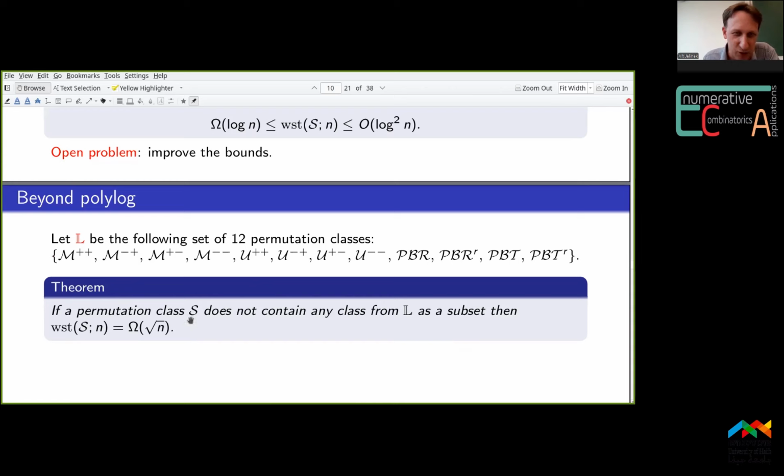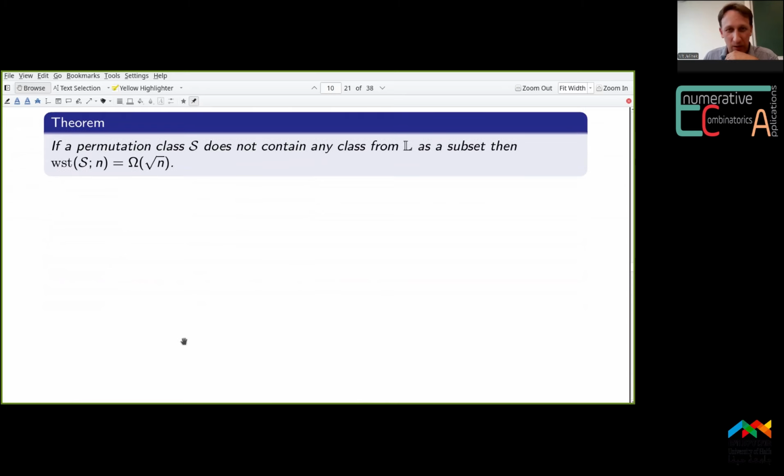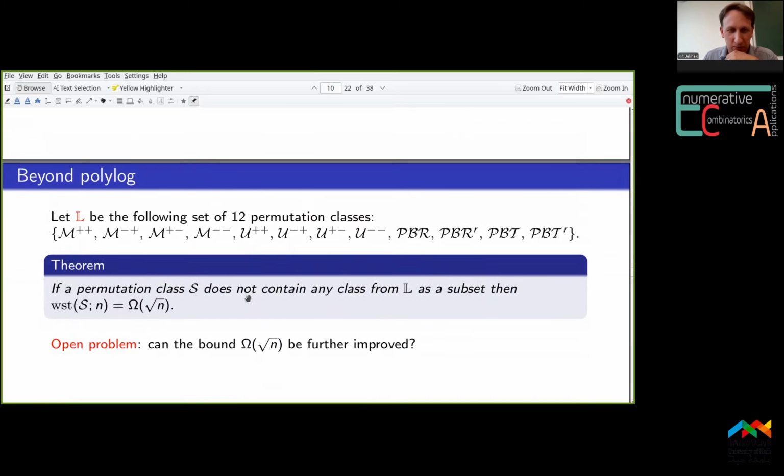In the sense that we can show that if you have a permutation class, say S, which does not contain any class from this catalog of 12 classes as a subset, then such a permutation class will have a worst case sorting time that jumps all the way to at least square root of n. And here I have mentioned a conjecture which says that actually maybe instead of square root of n, the correct bound here would be linear. So here I'm confident enough to conjecture.